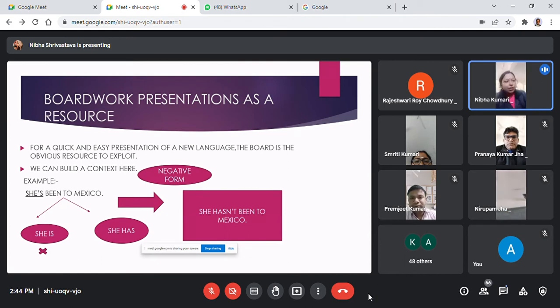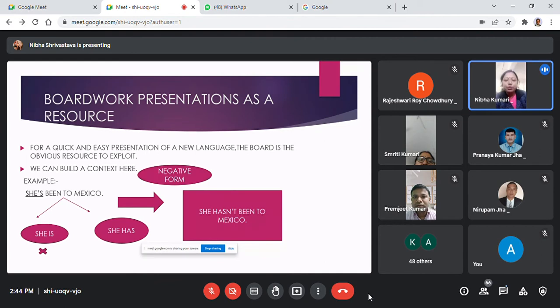Now let us switch on to some of the methods which we can use in the classroom. Board work presentation can act as a resource. We all write it also in our lesson plan as a teaching aid: blackboard, green board, whatever, chalk, duster.